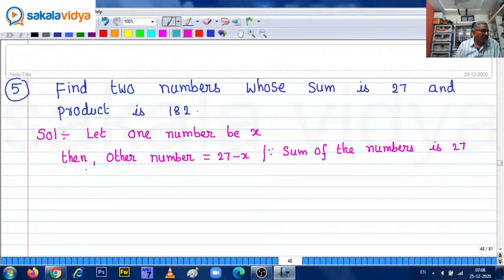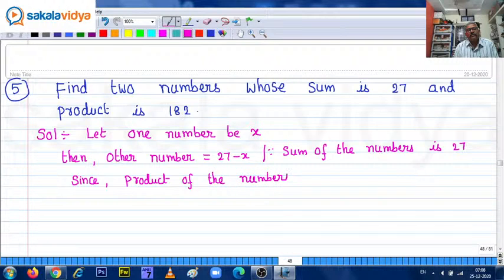So now what is given? Since the product of the numbers is equal to how much? 182.